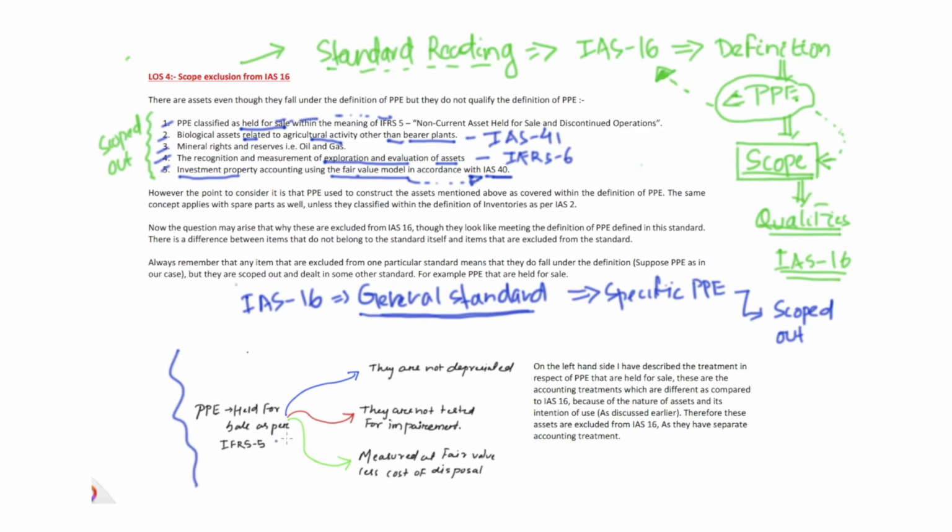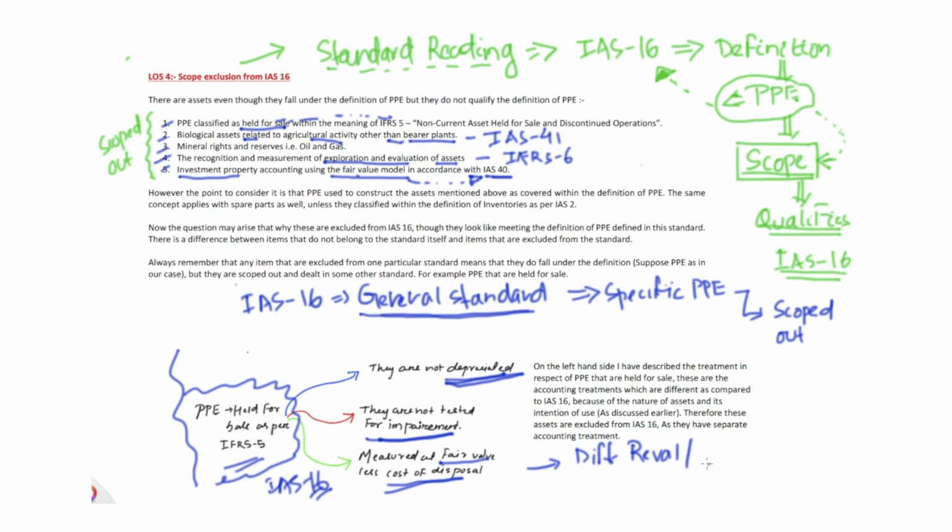Now here I have drawn out an example of PP&E held for sale and how the accounting treatment under IFRS 5 is different as compared to IAS 16. Under IFRS 5, any property, plant and equipment held for sale is, first of all, not depreciated. Second, it is not tested for impairment, and the measurement is done at fair value less cost of disposal. This is different from the revaluation method and the fair value method because we are considering the cost of disposal as well.